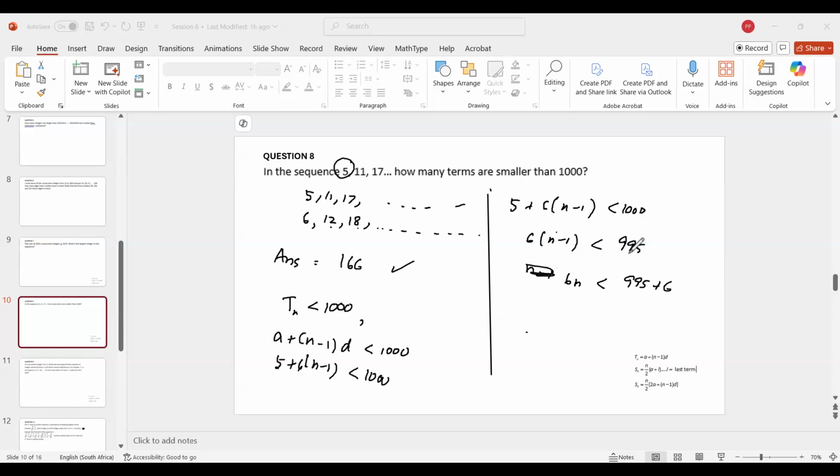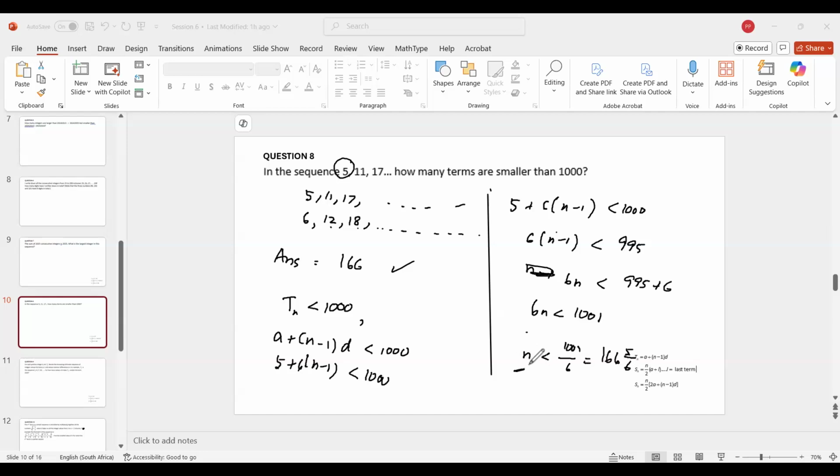I've got minus 6 here, take it to the other side. So you have 6n is less than 1001. And when you work out, n is less than 1001 over 6. And here you get 166 and 5/6 when you calculate this.